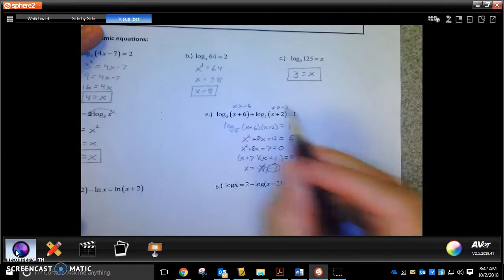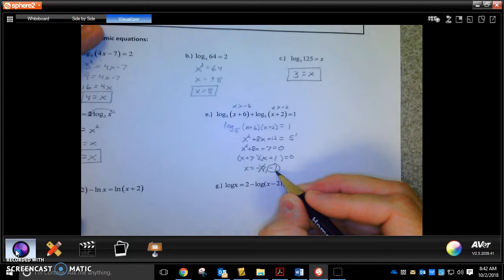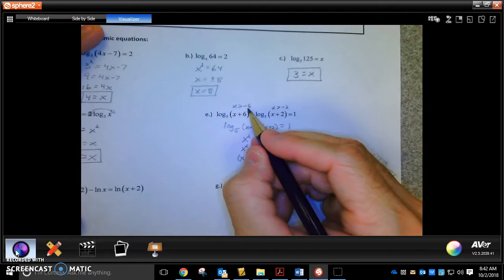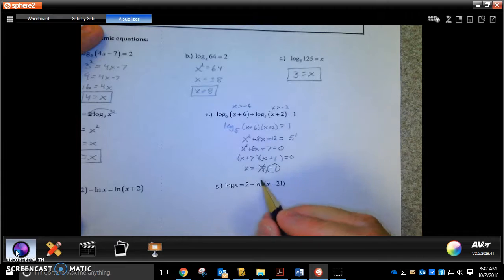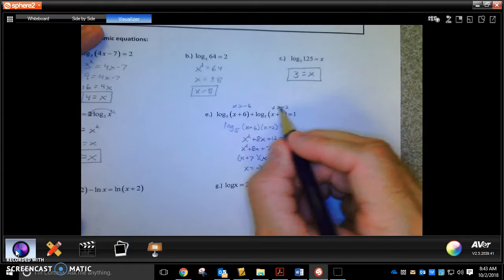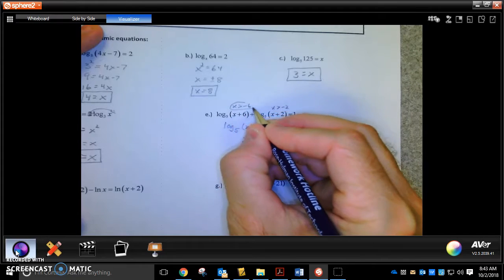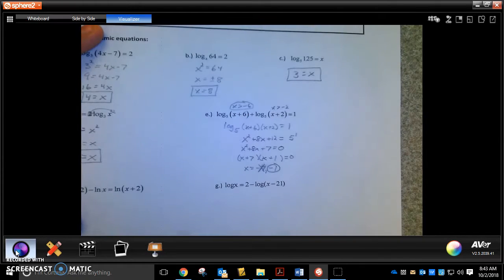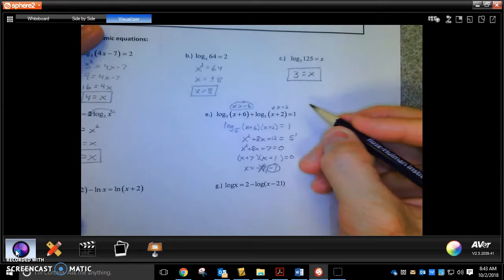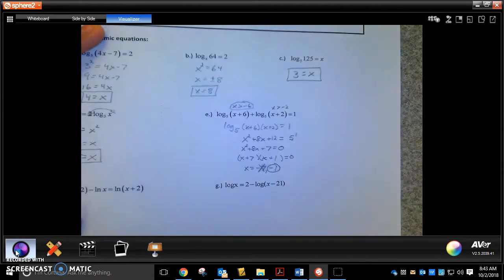So if you take a look at both of these, negative 7 is not greater than negative 6 or negative 2. It's less than. But negative 1 fits both of these criteria. All you really have to do is fit this one. As long as you give me a number that's bigger than negative 6, it's going to work.